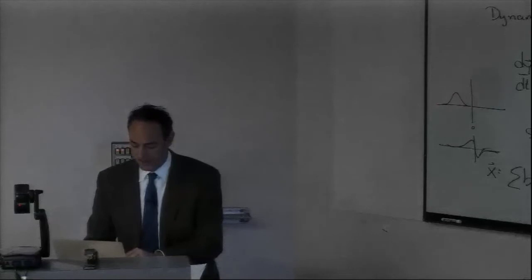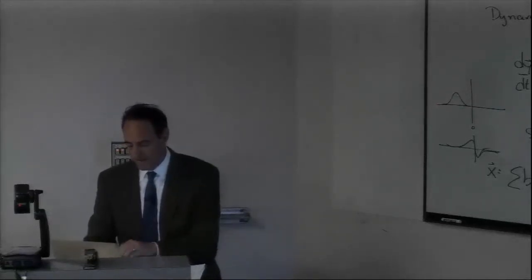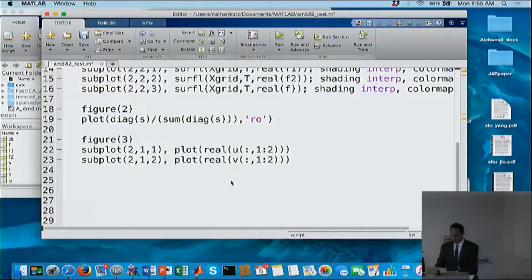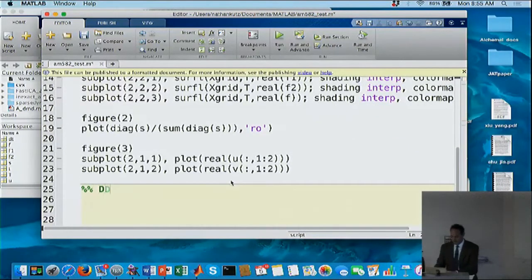Time for DMD. Let's talk about the DMD algorithm that we want to create here.